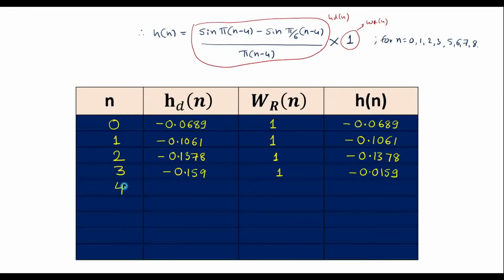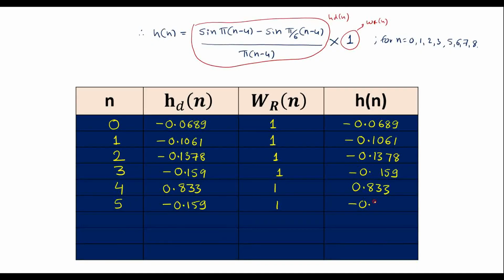For n equal to 4, we have already calculated this: hd of n is 0.833, that is 5 by 6, and wr is 1. Multiplying these two gives 0.833. Similarly, for n equal to 5, it is the same as for n equal to 3, that is minus 0.159.